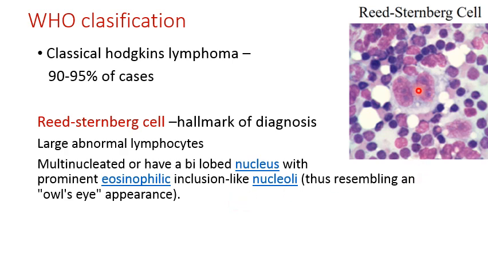Now you can see the prominent eosinophilic nucleoli. So it is classically described as having an owl's eye appearance. So this is the classical cell to say that a patient has Hodgkin's lymphoma.